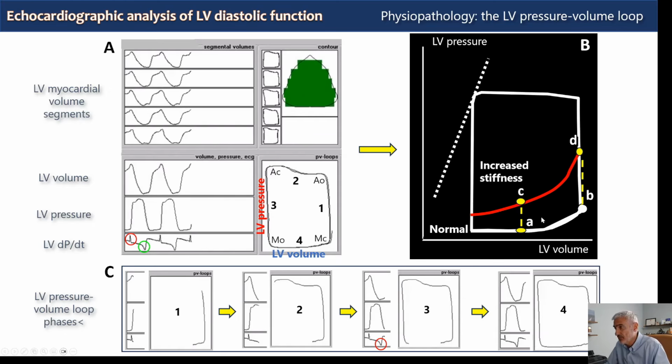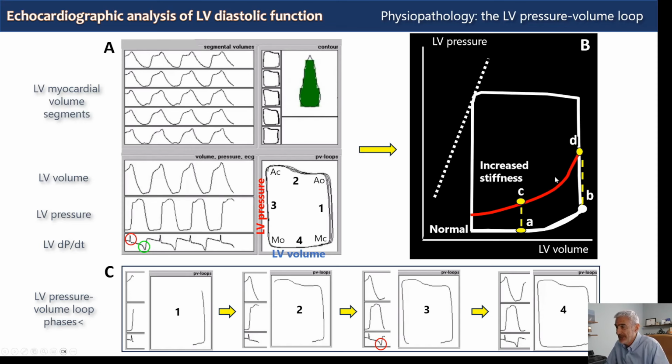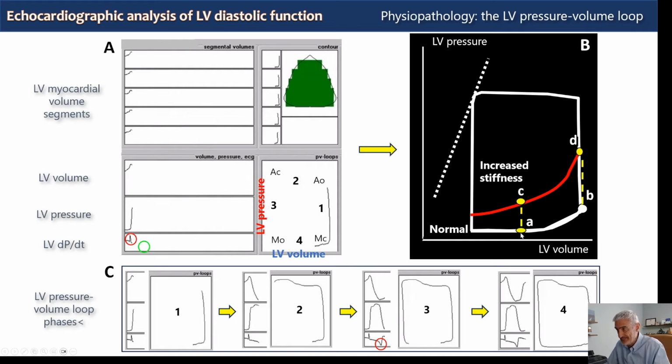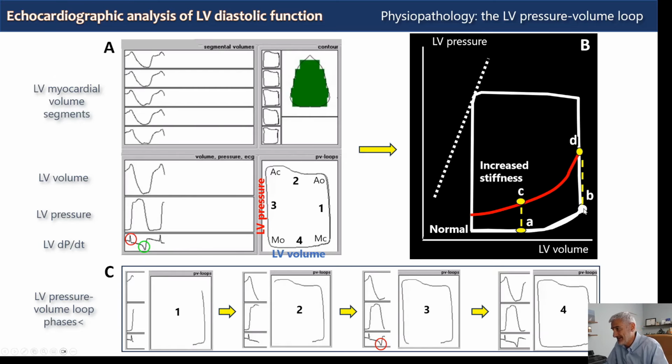This movement of the curve upwards and to the left can be measured by a constant which is called K. As you can see, when compliance is reduced and the pressure volume curve is up here, for the same volume here in A, pressure will be higher. Same for this in mid-diastole and this in diastole.